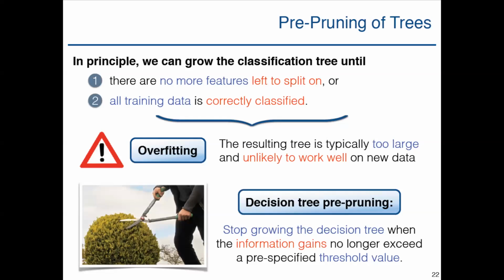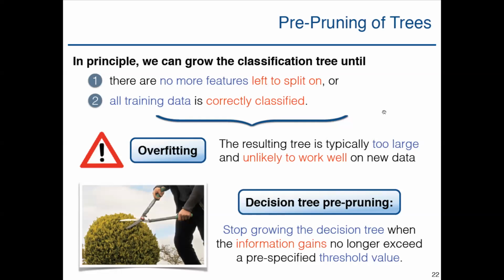In many cases, a poor split can have a good split after that at some point. For example, अगर आप tree को build कर रहे हैं और किसी split के ऊपर आप आके रुक गए हैं because the information gain is not very big, और आपने वहां पे उस tree को बस रोक दिया है, you might miss out on a good split that was to come out after that poor split.